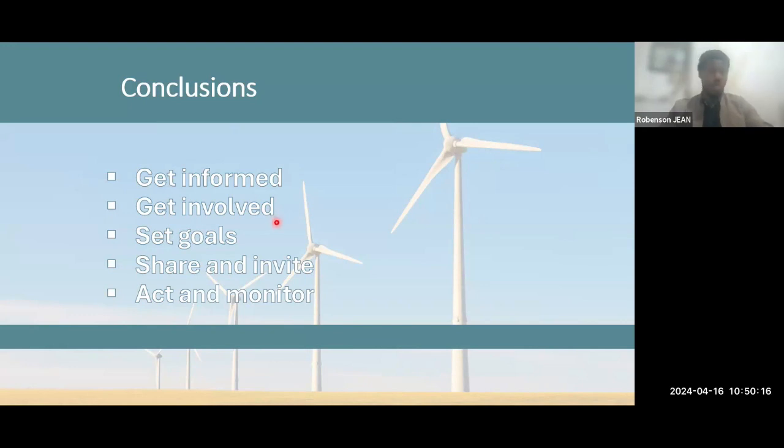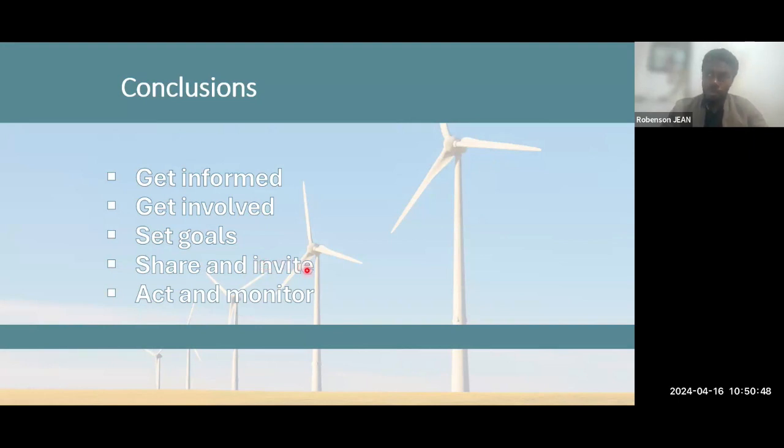And then it is important to set goals, or to adopt goals that are already set, in order to know where we are going. And then once we have this information, we have to share the information and invite people to get themselves involved, invite people in the research and development field, in order to increase the innovative solutions and the technical innovation.